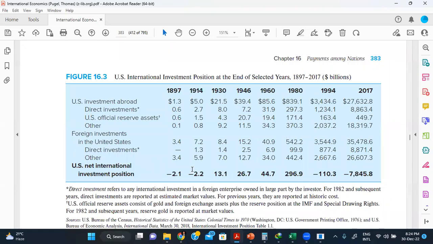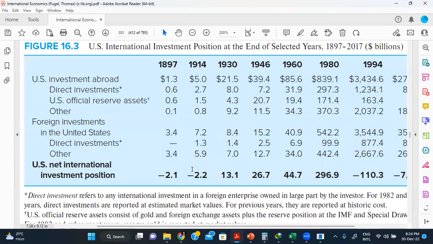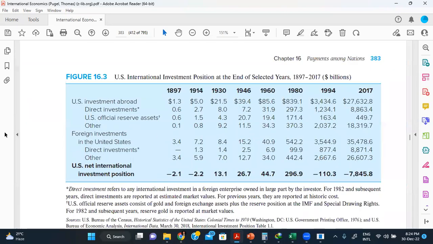It looks like it is the statement I'm referring to. So this figure represents the investment position of the US, particularly the international investment position, in the years from 1897 to 2017.